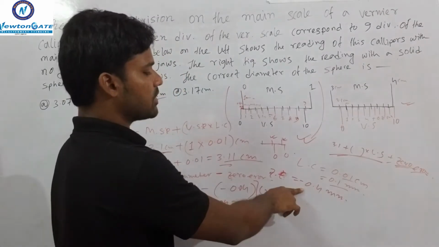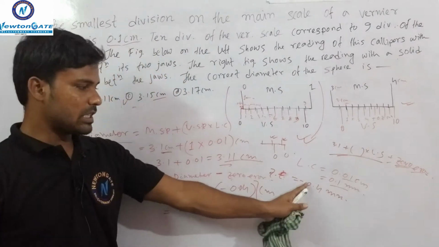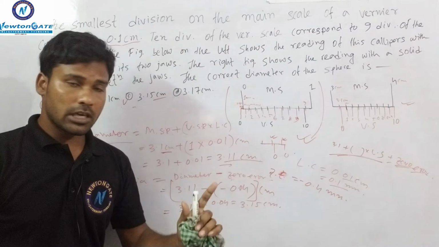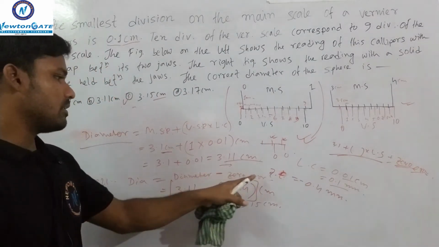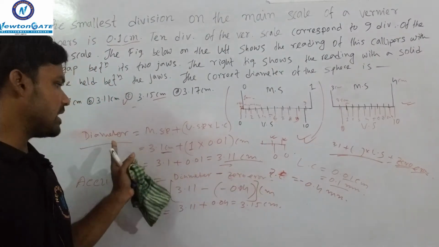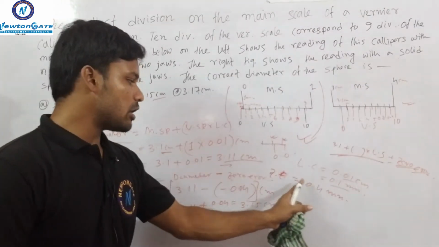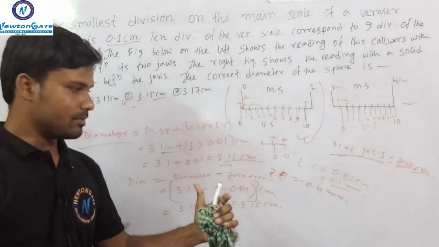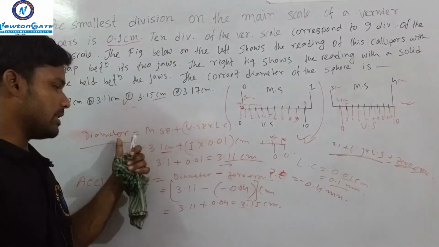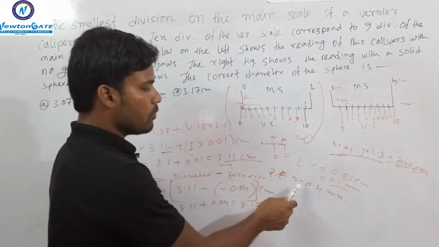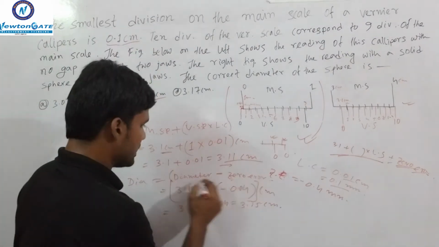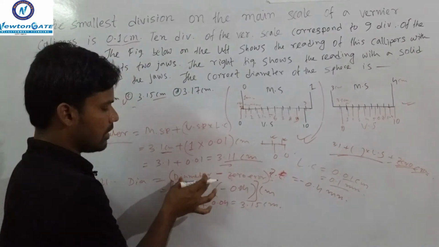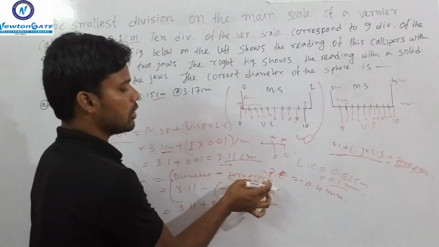Whenever you get a negative sign, that means negative zero error. Whenever you get a positive sign, that is positive zero error. For positive zero error, you should subtract that error from this data. Whenever you get negative zero error, you should add this error to this data. But if you put it with sign, just remember this formula: the data minus zero error.